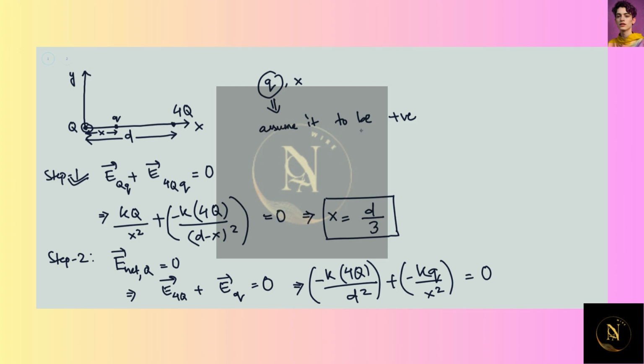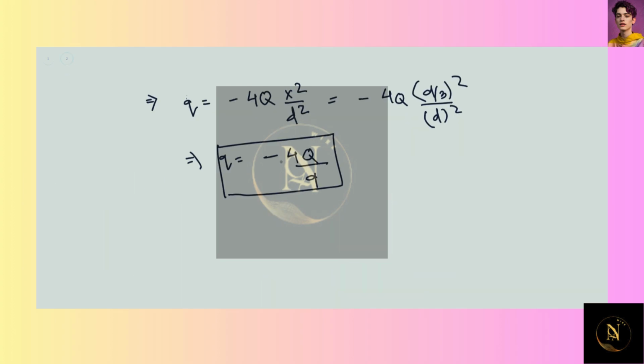Even if you had assumed it to be negative, the electric field would have pointed in the positive x direction, and you would have got a plus sign over here, and gradually you would have seen that the value of q would have come out to be positive, because that is just the magnitude that we are finding. So the positive part is the magnitude of the charge, and its sign is negative.